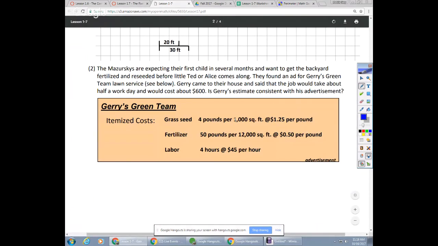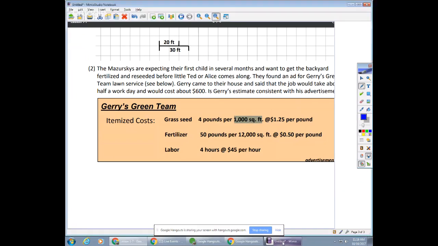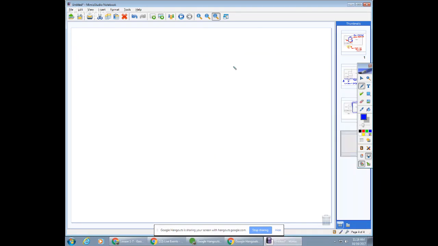So we need to know how many groups of 1,000 square feet are in our backyard. Well, when we're looking for groups of, that's division. So we'll use a division on that. And we'll double check that by just penciling this out. So new page. We want to convert our area into cost.